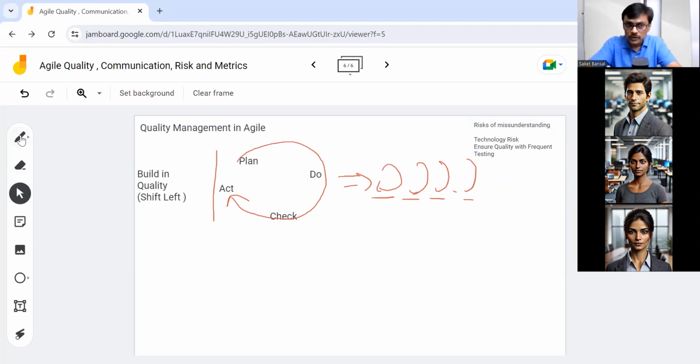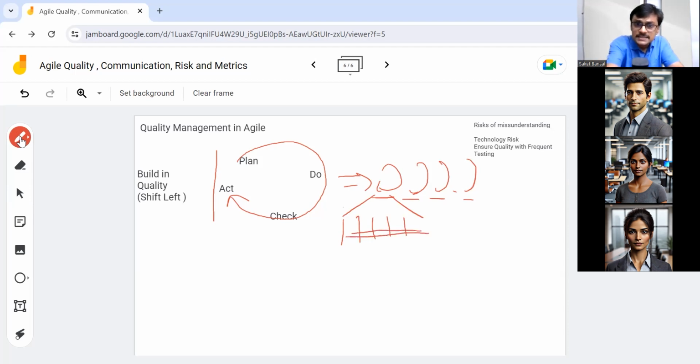Another thing which is also associated with shift left. Even in a small cycle, you may want to do analysis, coding, testing, and then finally mark done. Try to bring testing as early as possible. That we call shift left. So focus on bringing review while you are doing requirement exploration.